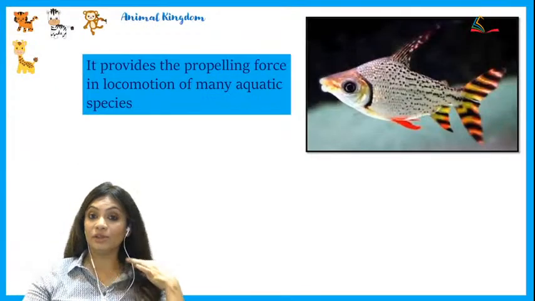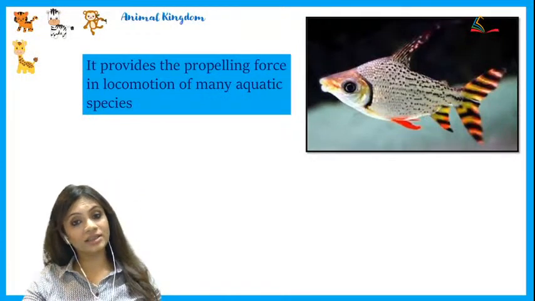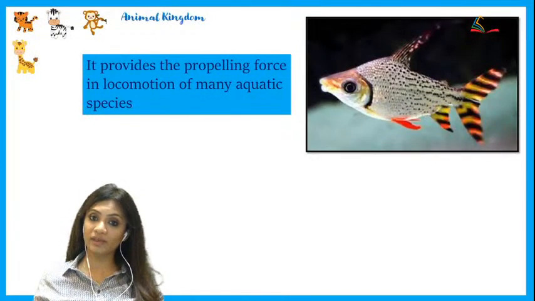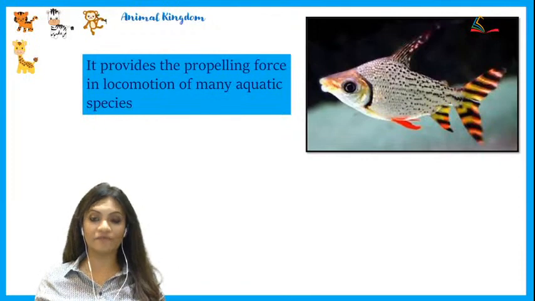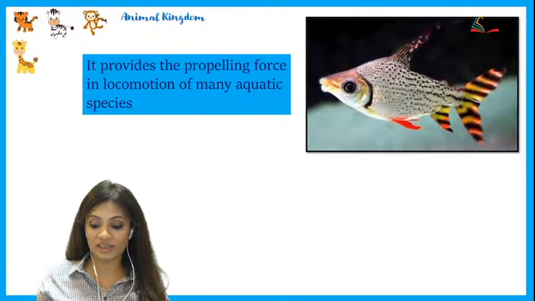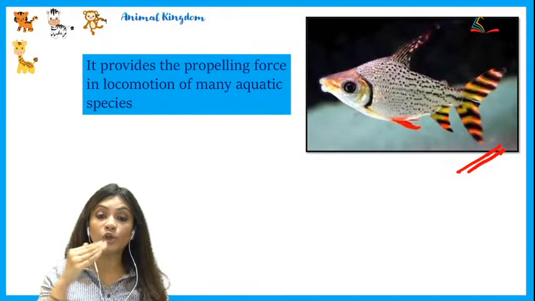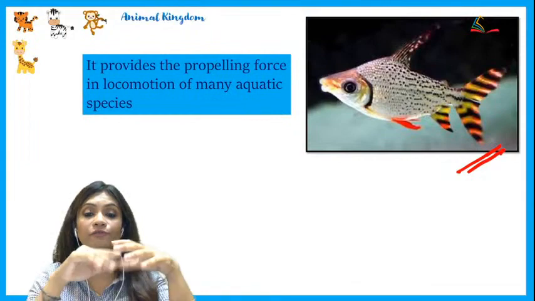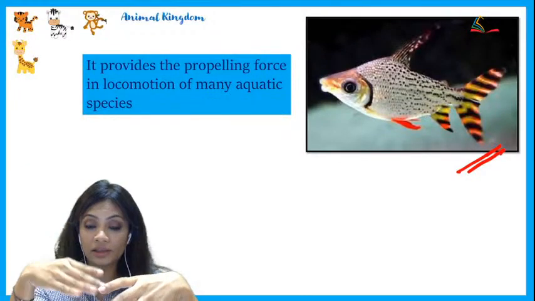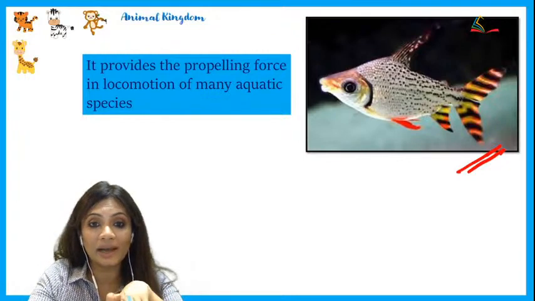Also, we see some uses of the tail in different animals. Different organisms, as per their body's requirement, use that tail. Alright. First, it provides propelling force. So when we're talking about this fish over here, when it wants to swim ahead, and the direction in which it wants to swim, all of this is done by that tail.